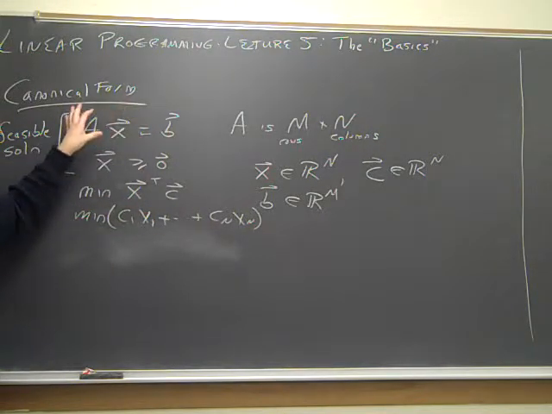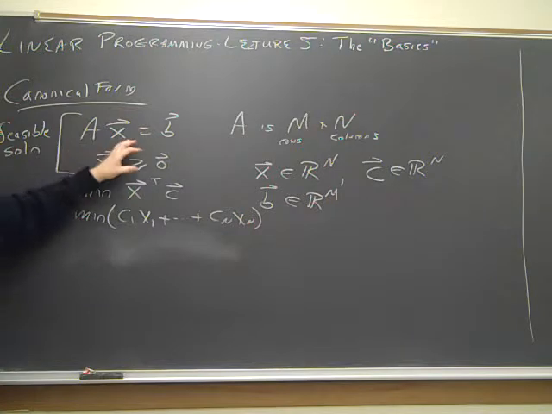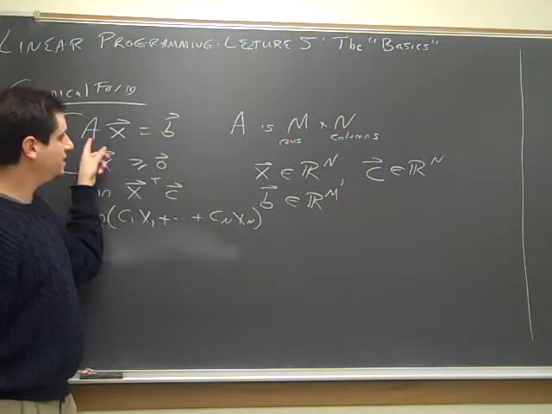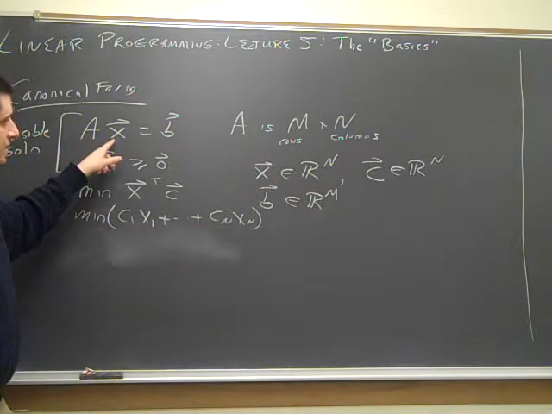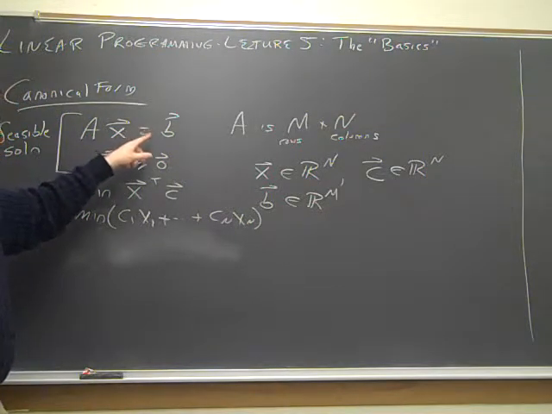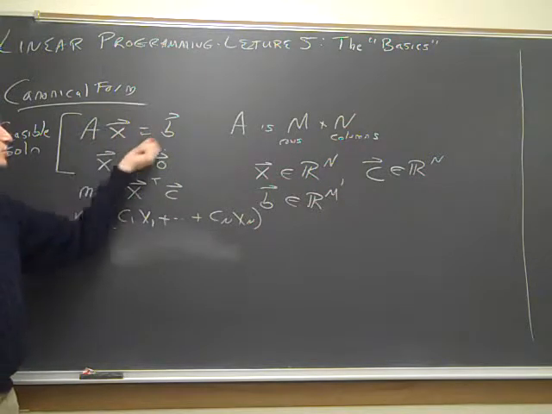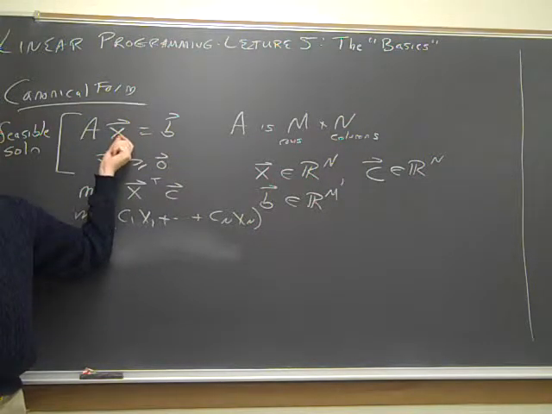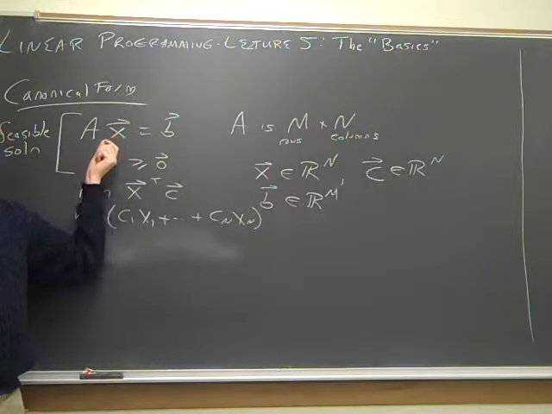Is there an x that satisfies Ax equals b and x is greater than or equal to 0? Well, if we think about it, A has m rows and n columns, x has n entries, b has m entries. The only chance for this to really be interesting is if we have an underdetermined system.